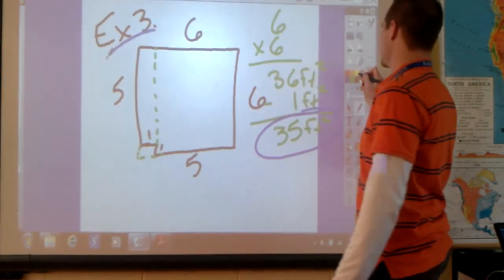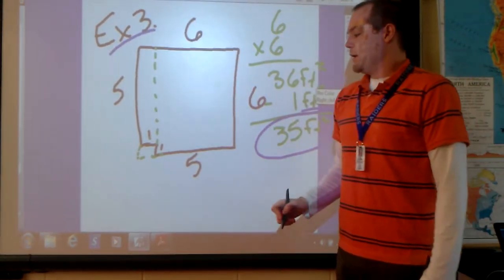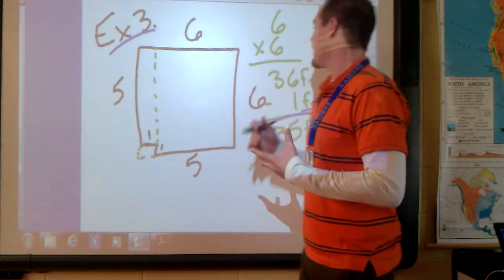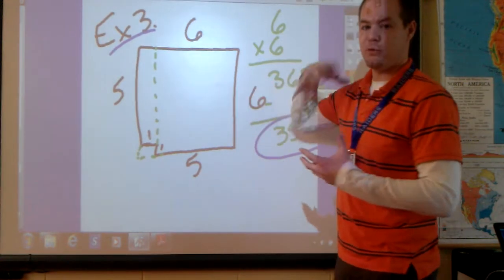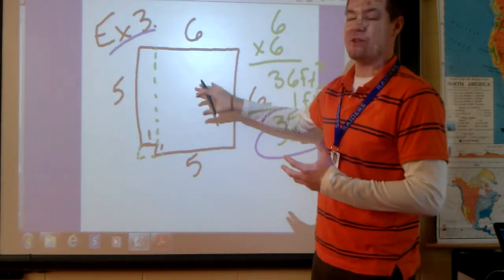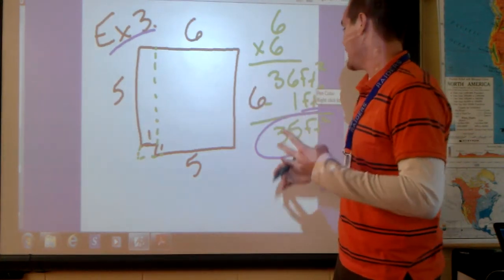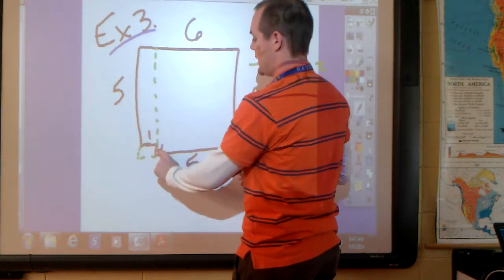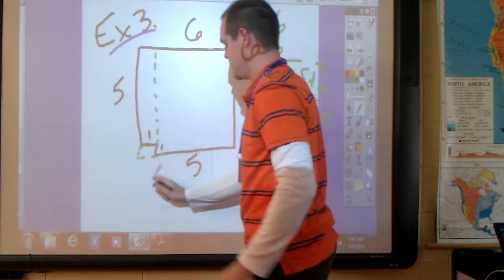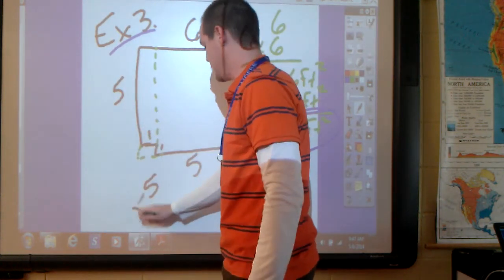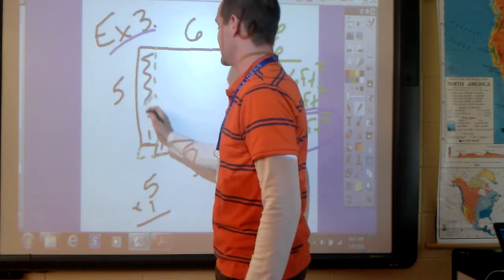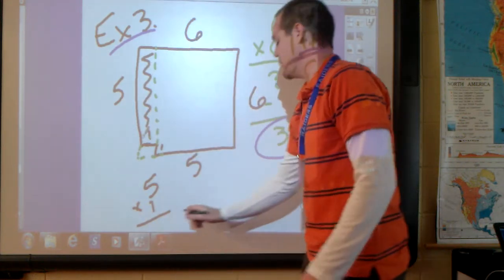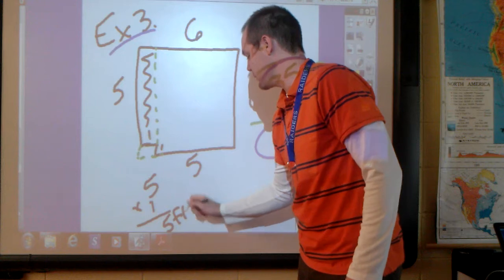I will go over this one more time just to show you that you can go through the process of finding area for these rectangular shapes in 2 ways. This is way 1. The second way, of course, is to take the length 5 times the width 1 to find the area of this rectangle, and you get 5 feet squared.